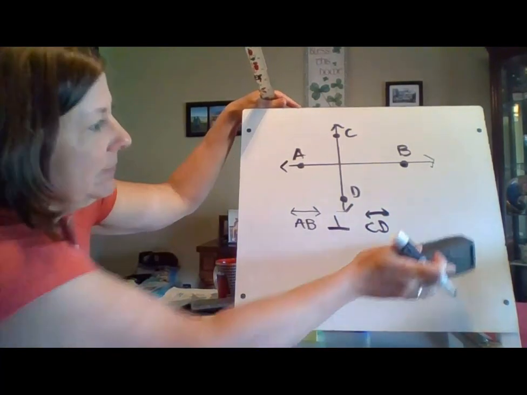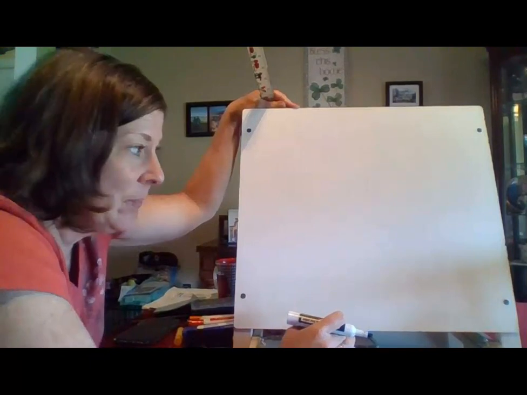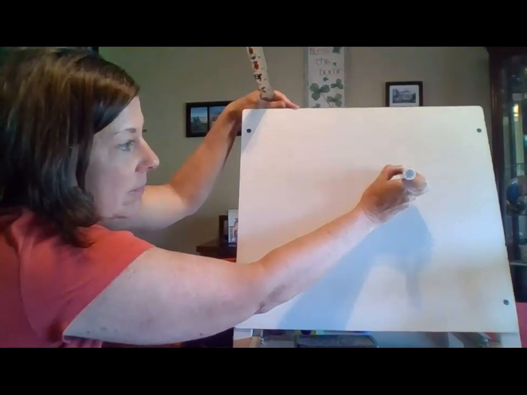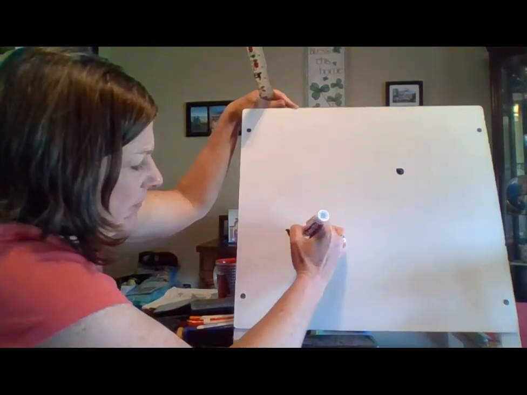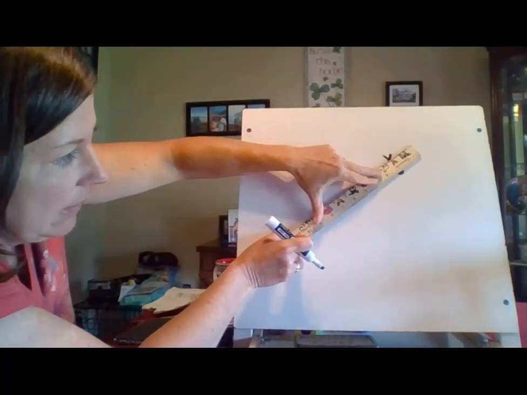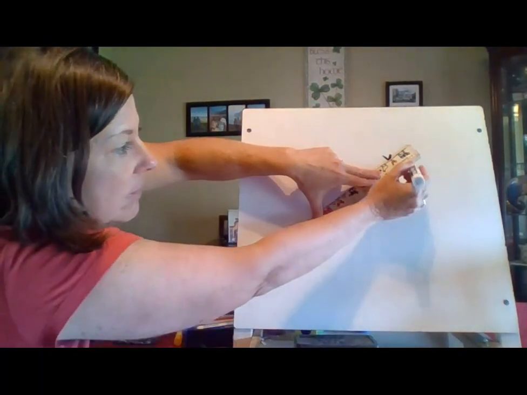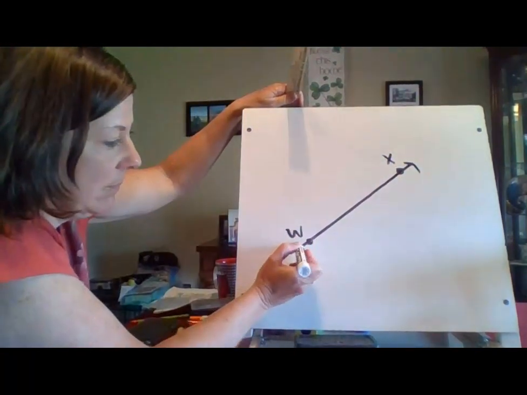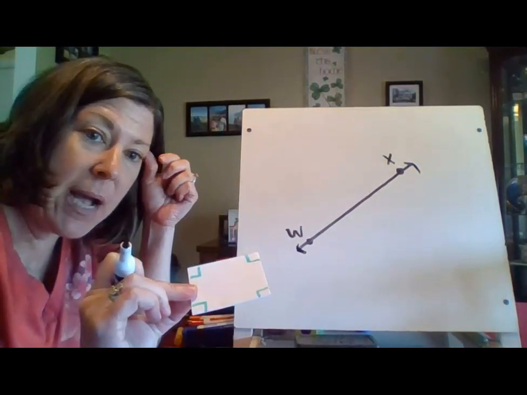Let's do one more. And this time I'm going to make my line going diagonal. So I always start with 2 points. And I think I'll call these points W, X. Going to connect my points to form a line. Get those arrows at the end. Then I'm going to use my right angle template again.